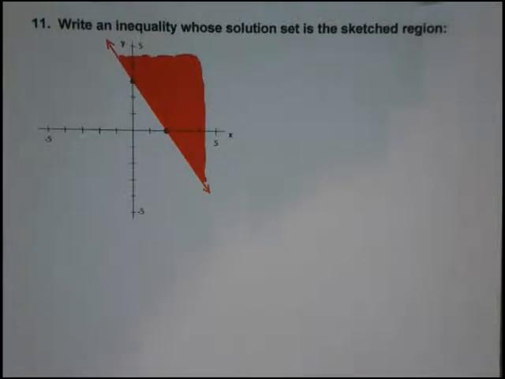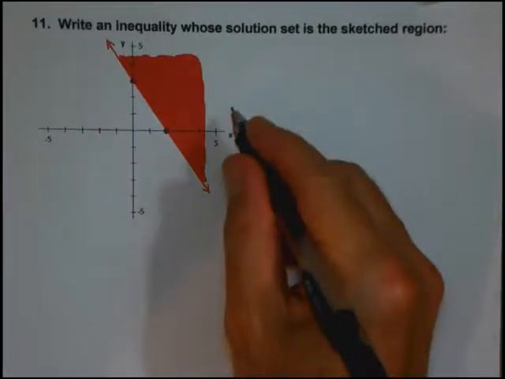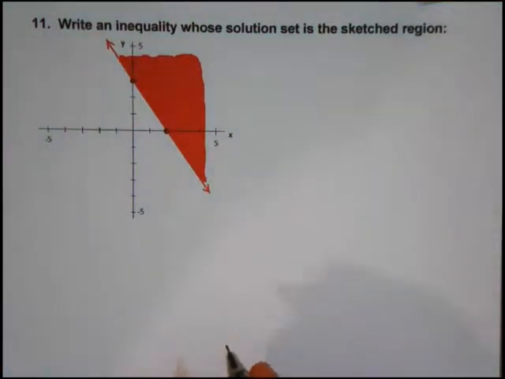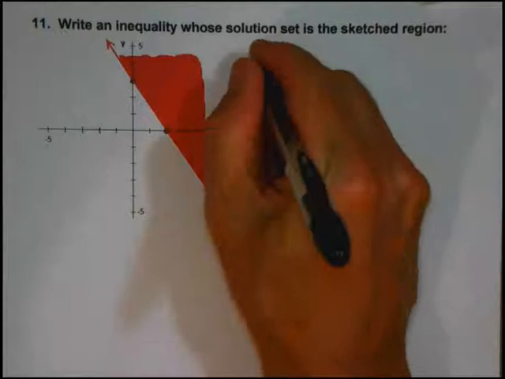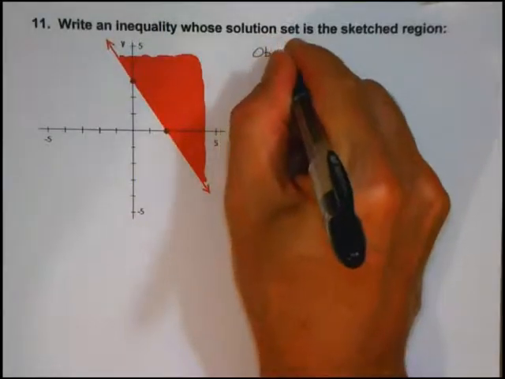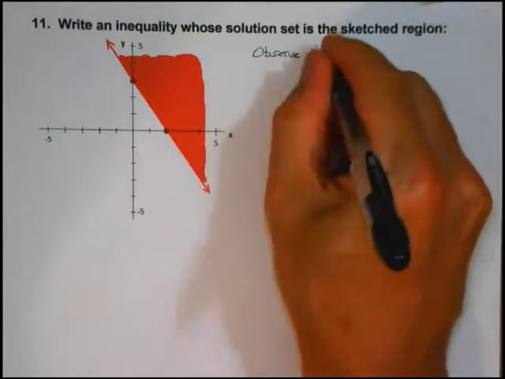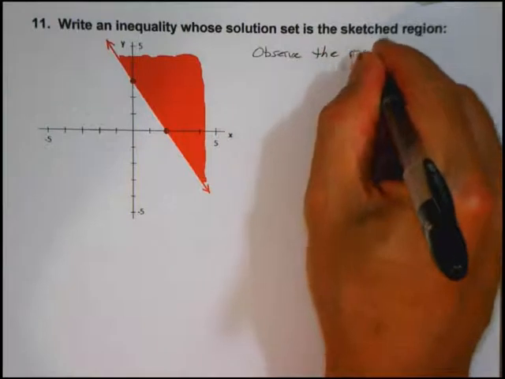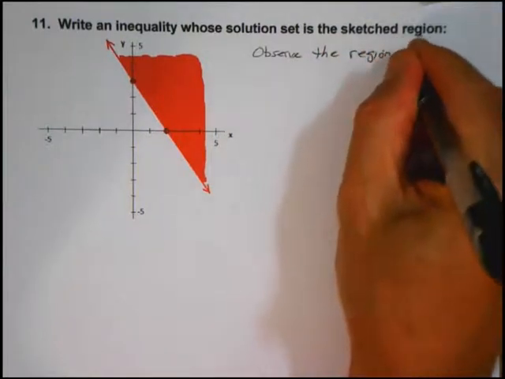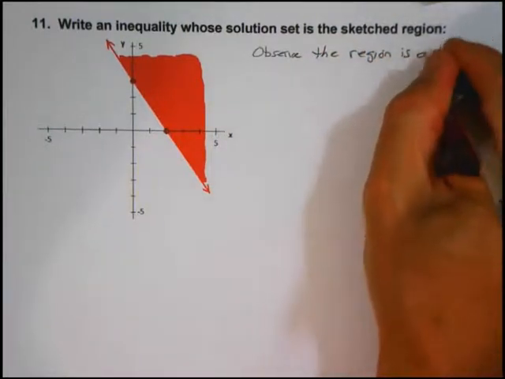Exercise 11. Write an inequality whose solution set is the sketched region. Okay, after we look at this region for a moment, one thing comes to mind, and that's that the region is a half plane.